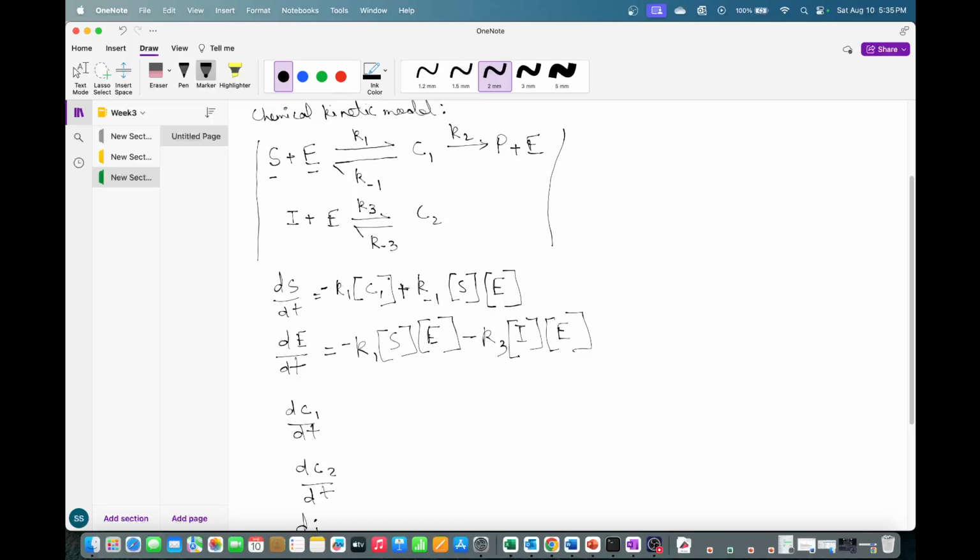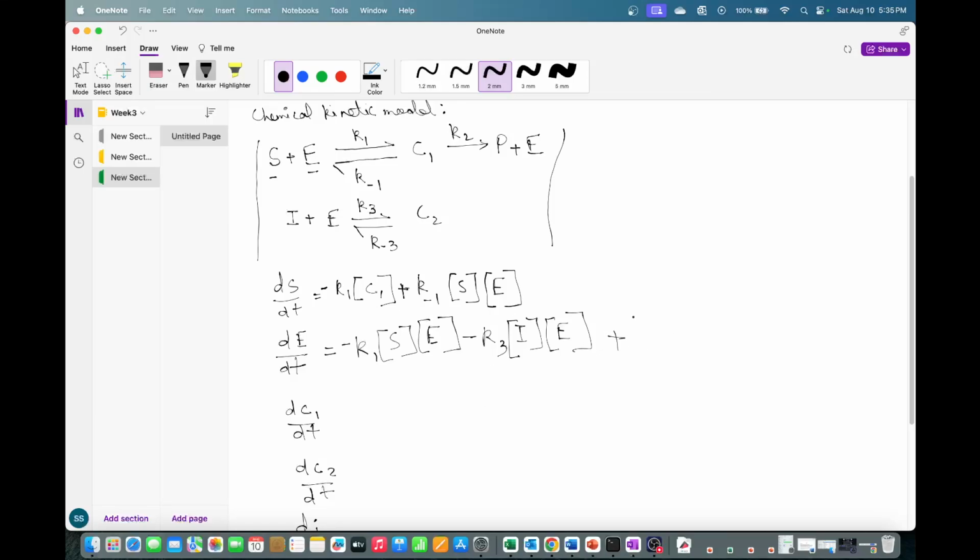So for easier handling of the equations, that's why I've put C1. You can just put S and E here as well, it doesn't matter. Oh, okay. That's why I was confused. I understand. Okay.